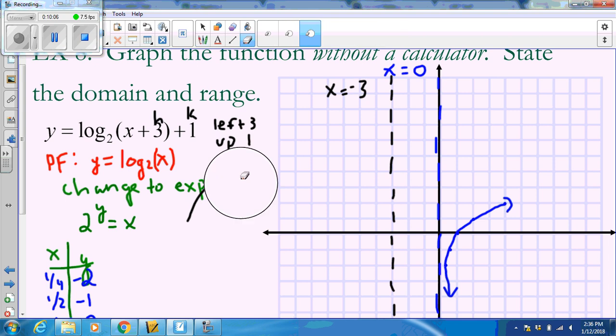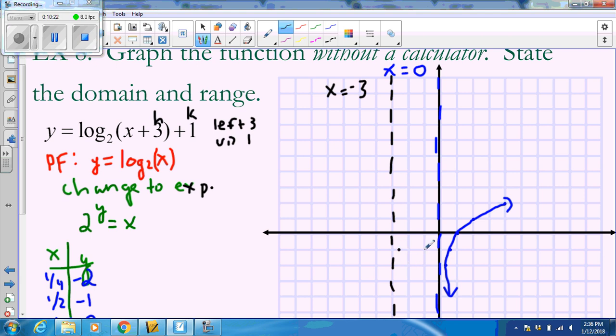Now, let's go ahead. I'm going to change all my points. So let's take this point here. So I go over 3, so 1, 2, 3, and then I go up 1, so about here. Take the other one, 1, about here, yeah.